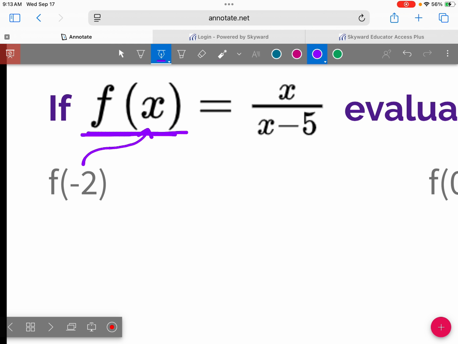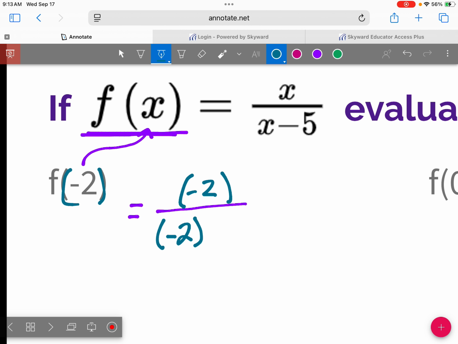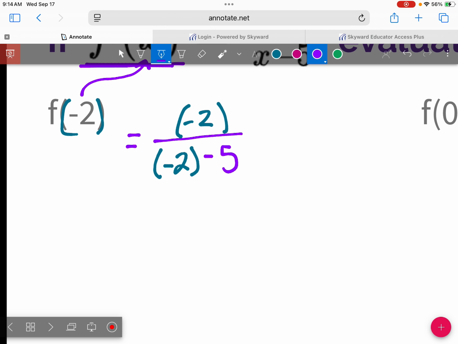So if we want to evaluate f of negative 2, we're going to take our function, which was x over x minus 5, and put negative 2 over negative 2 minus 5. When we simplify this, in my numerator those parentheses aren't doing much, so I got my negative 2.